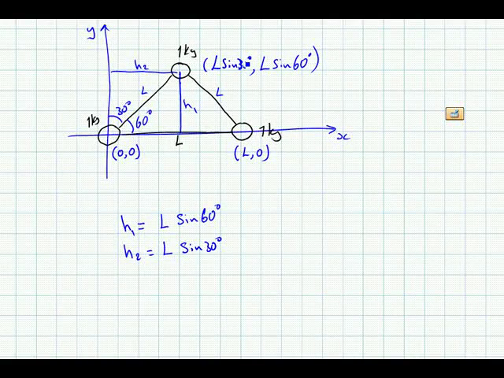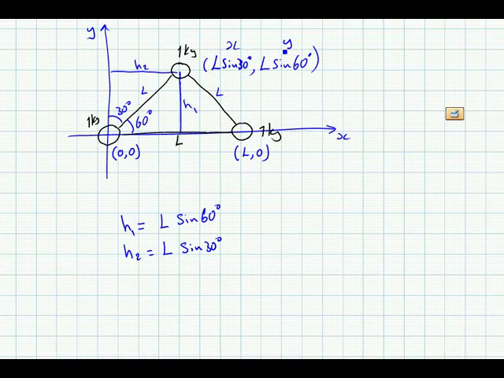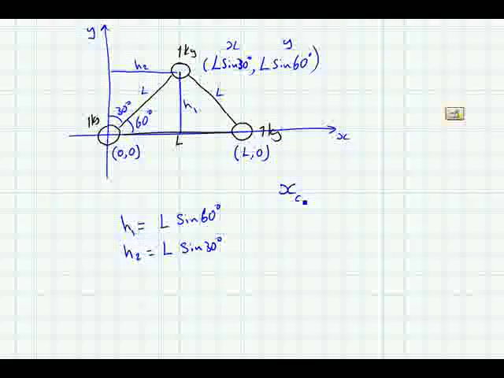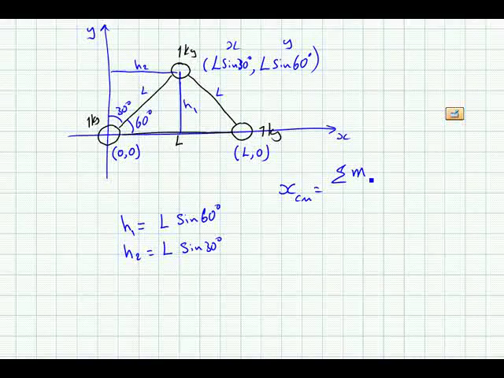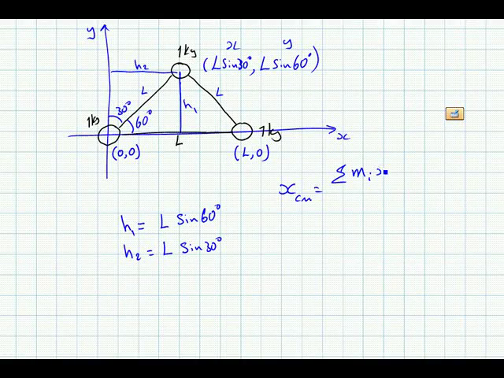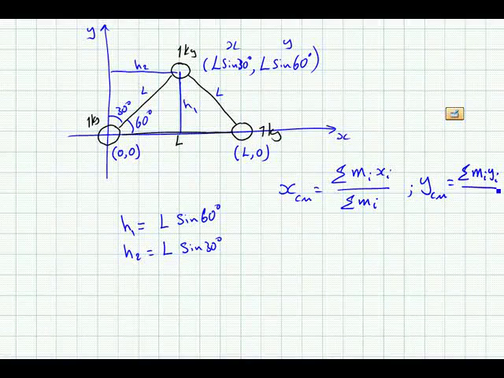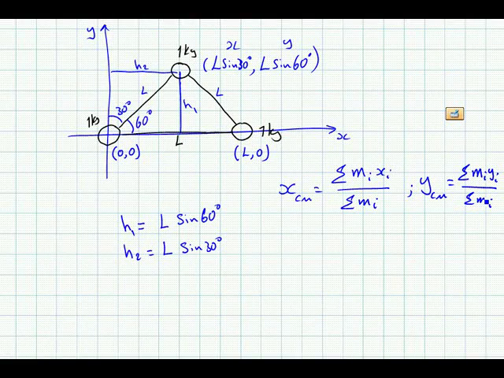So using geometry, you need to come up with the x and y coordinates for each mass involved. Then go ahead and use the expression: the x coordinate of the center of mass is the sum of each mass multiplied by its x coordinate divided by the sum of the masses, and the y coordinate of the center of mass is the sum of each mass multiplied by its y coordinate divided by the sum of all the masses.